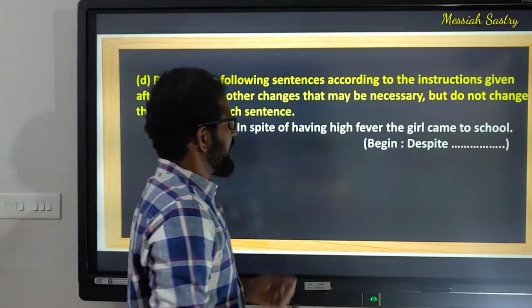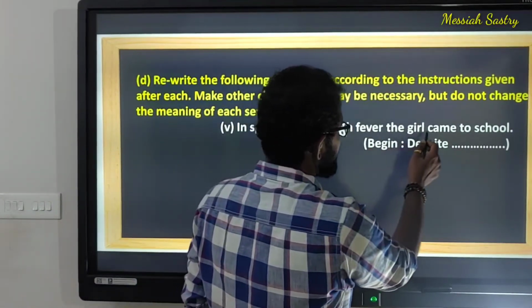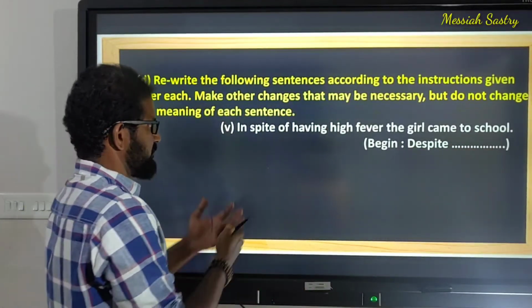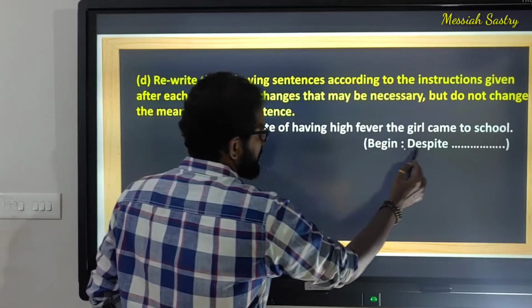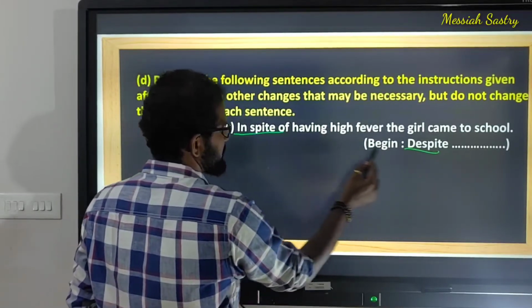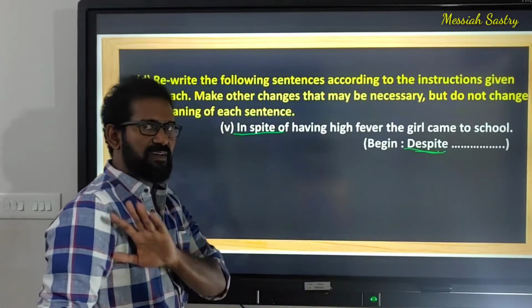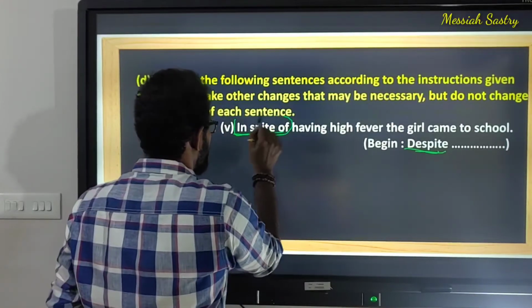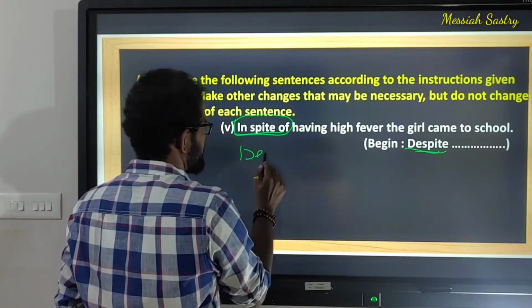In spite of having high fever, the girl came to school. So very easy. Here I told you in spite of is equal to despite. The only difference is "of" should not be used. So in place of in spite of, just write despite.